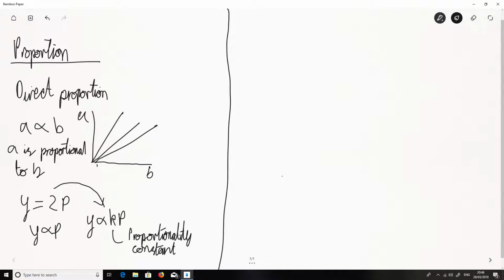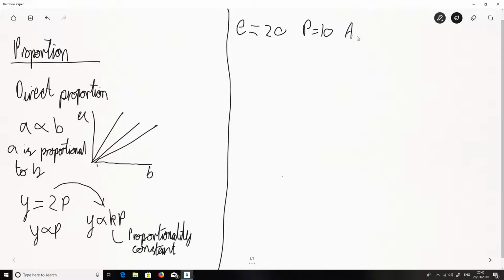So let me draw this line. Say for example, you've got two variables. You've got E, which you know at one random point is equal to 20, and P is equal to 10.